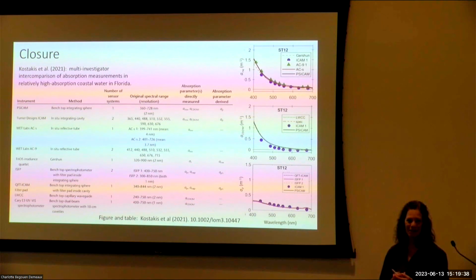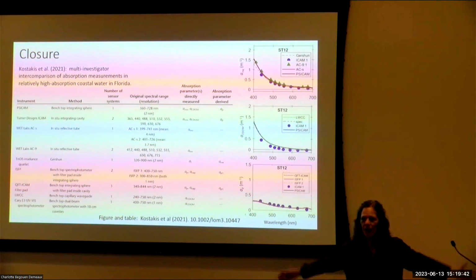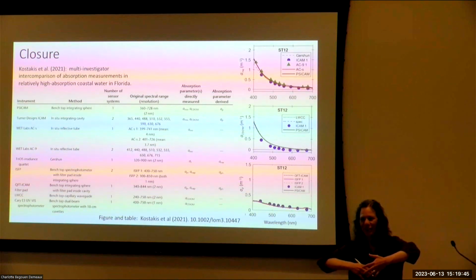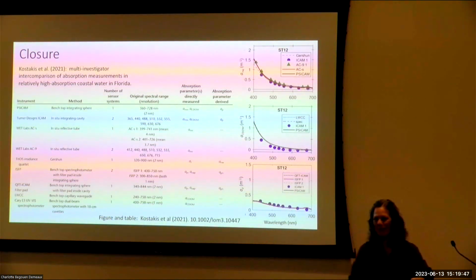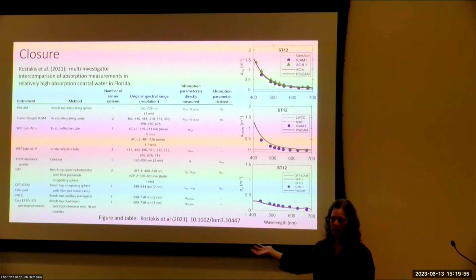Many well-regarded people making these kinds of measurements got together with all the instruments that they had, or at least a subset of the replicate instruments, and went to a complex coastal region in Florida and did an intercomparison of all of these different methods.